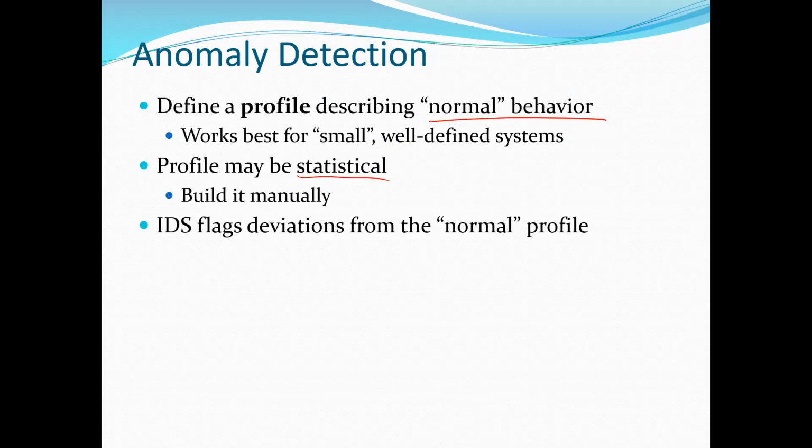Usually those things are enough for you to think in those terms. So you build it, you do some research, you analyze it, and then the IDS will start to flag deviations from the normal profile. Okay. So a probabilistic approach. You calculate a probability that this event or packet or whatever it is abnormal or an anomaly.